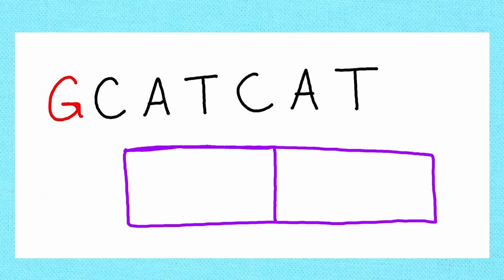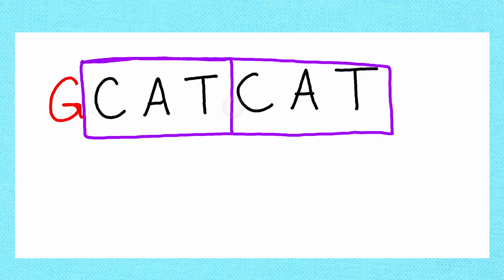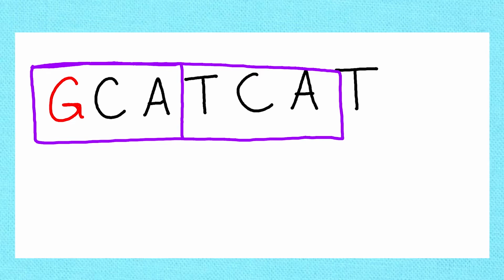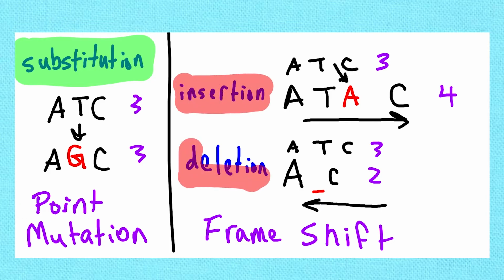We know when we add this G, that is going to make a significant difference from reading CAT CAT to this other garbage. This is why it's called a frameshift, and they are much more devastating. Substitutions can be bad, but they can also be tiny little changes that help diversity. Insertions and deletions are usually going to put a big problem in your code, especially if they're early on.